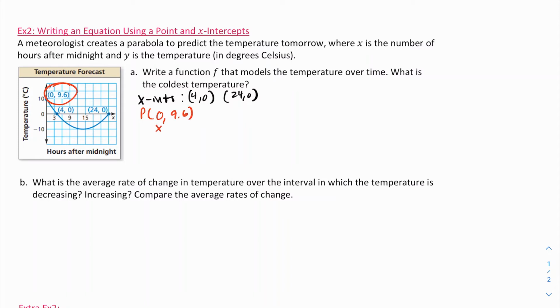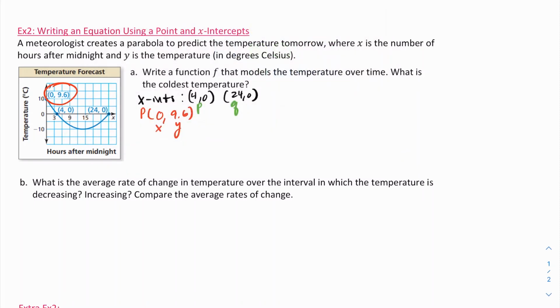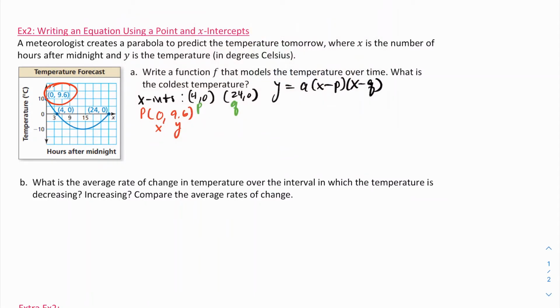So this is my xy point, and my x-intercepts are p and q. So the equation is y equals a times x minus p times x minus q in intercept form. If you go back and look at the top, that's what the equation is. So my xy point is x is 0 and y is 9.6.